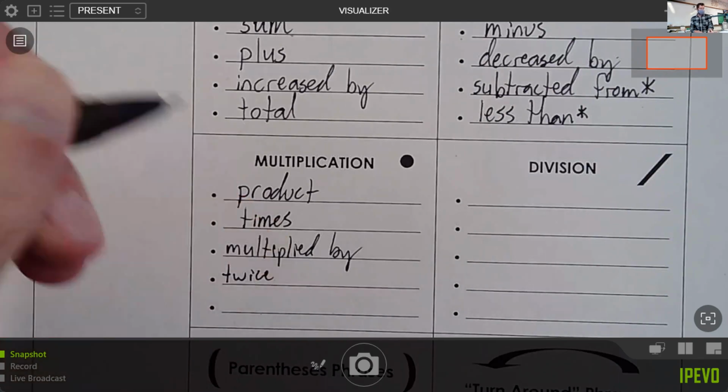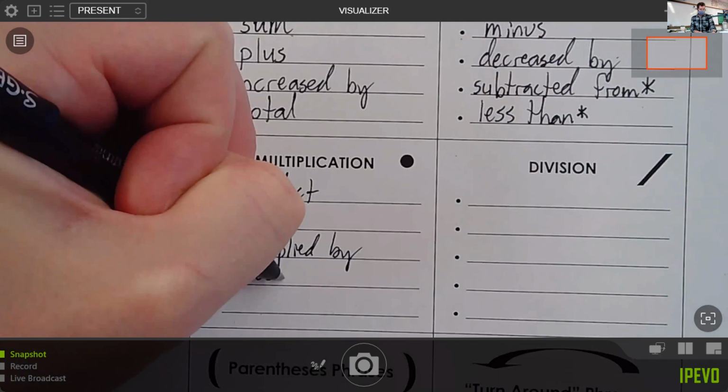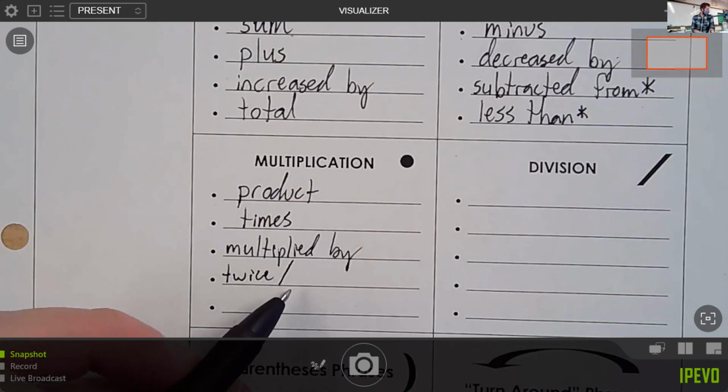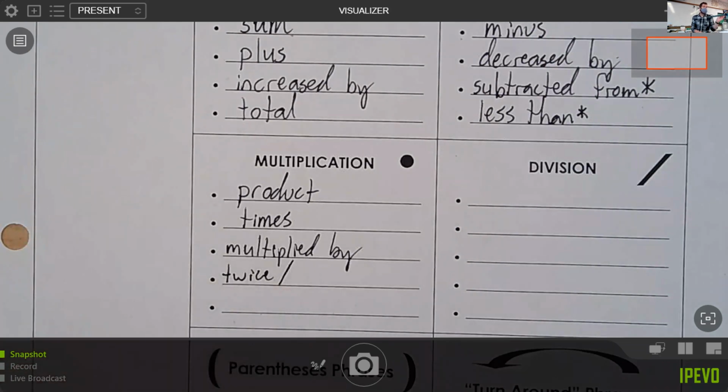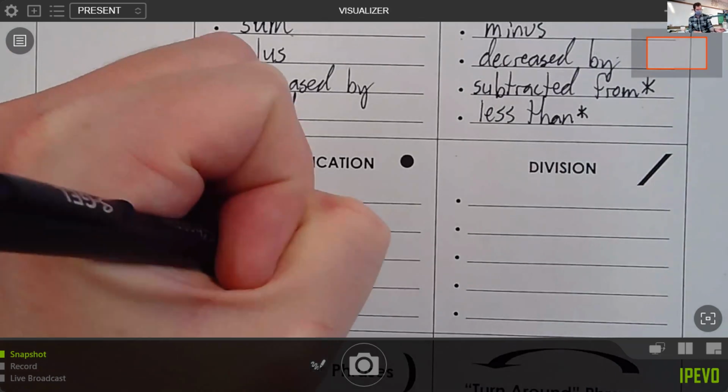I'm going to put 2 other ones on this line. What's another word that could mean the same thing as twice? Squared is actually going to be a little different because it does mean multiplication, but because it's an exponent, it doesn't necessarily mean 2 times. It means something times itself. Or hey, double, yeah. Double would be the same thing as twice. What about multiplying by 3?